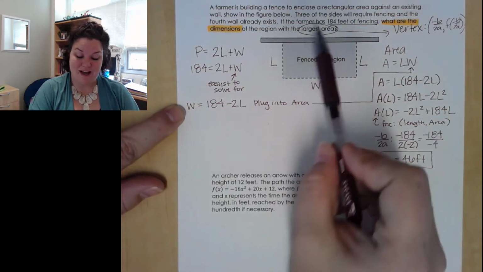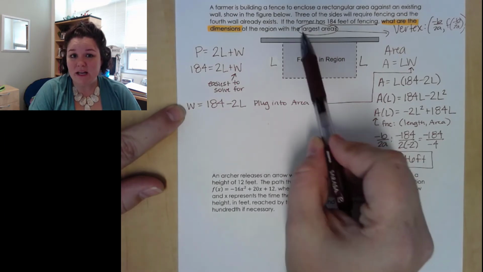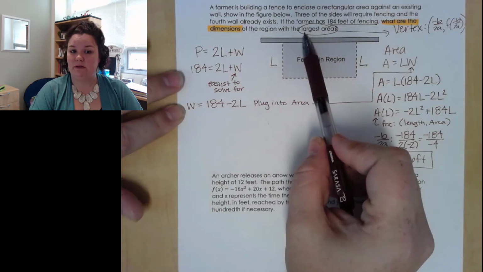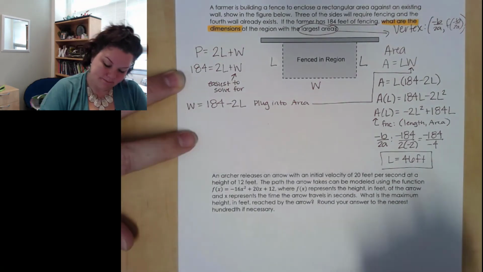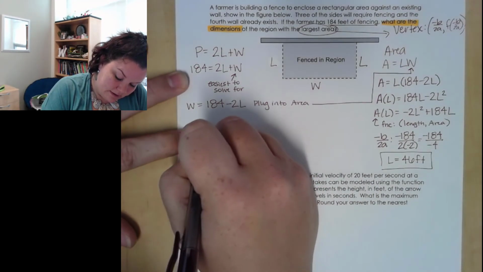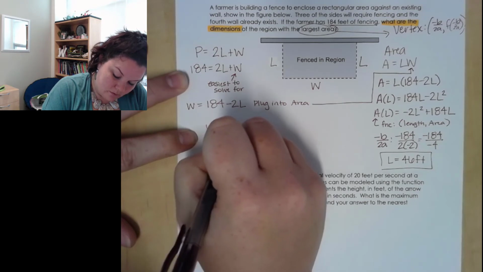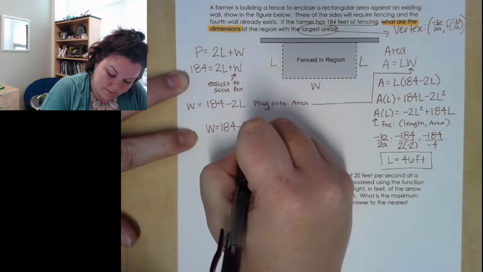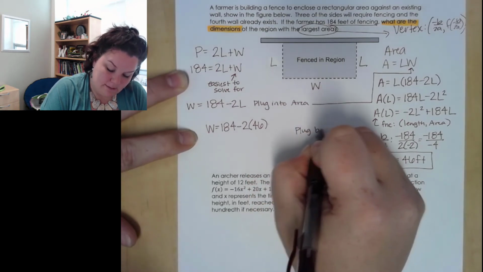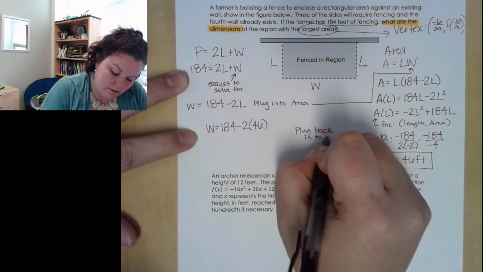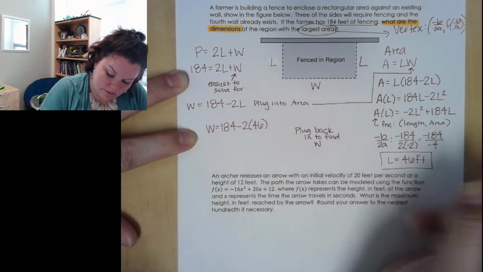Again, because this one is not actually asking us for what the area is, we're just looking for the dimensions, I'm going to take the 46 and plug it back in here. Okay, so I'm going to have W is equal to 184 minus 2 times 46, because we're just plugging it back in to find W.